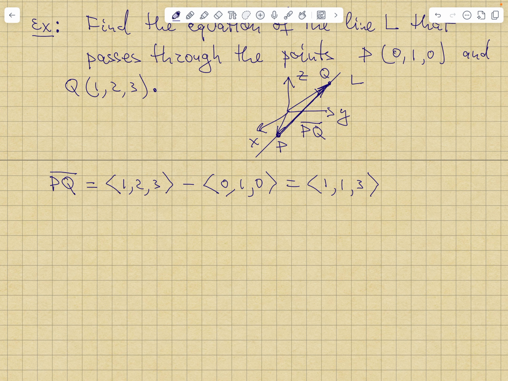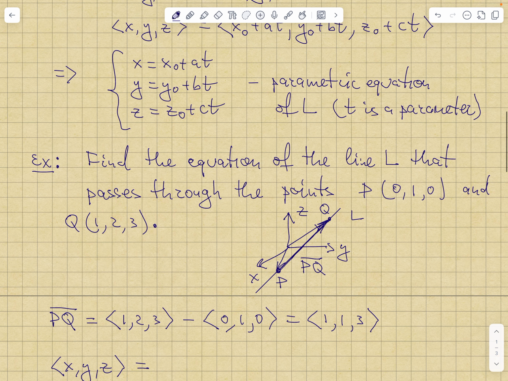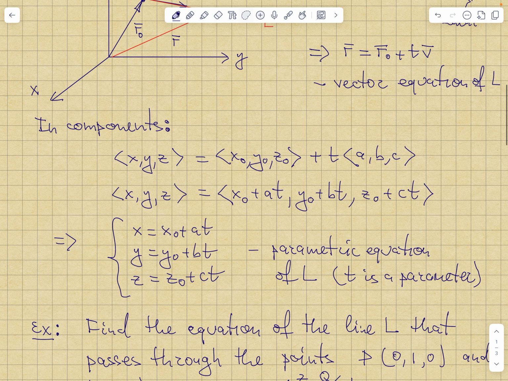And so now I need the equation of a line that passes, let's say, through P in the direction of PQ. And therefore, the equation of a line, if I write it in vector form, is going to be x, y, z, what I called r, equal to, let's go back here for a moment, r0, components of a position vector to P, plus t times a vector a, b, c.